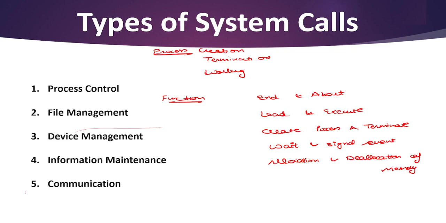Other than this, you should also know how different types of system calls work in different operating systems. For example, in the Windows operating system, we have basically 3 functions of process control. First function is create process.